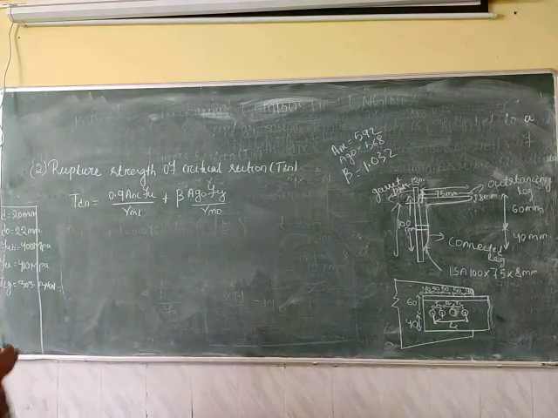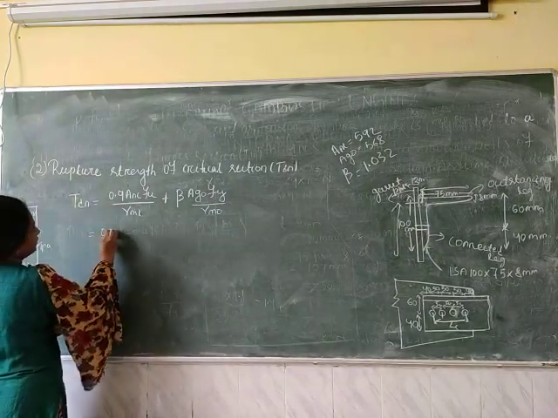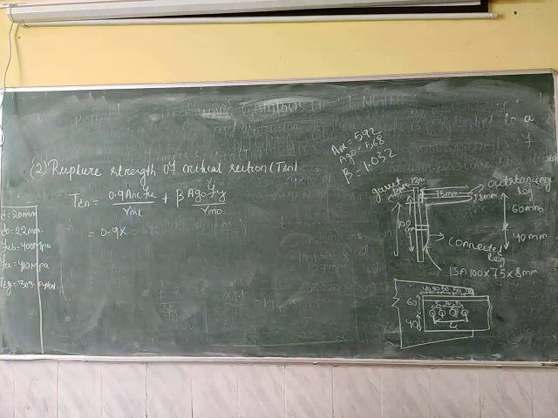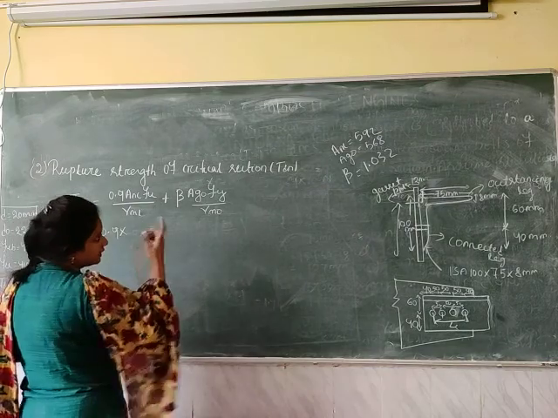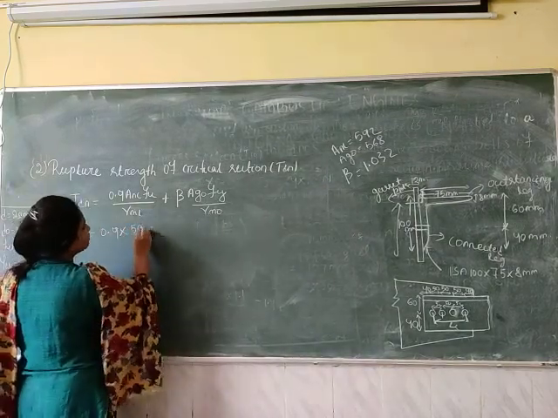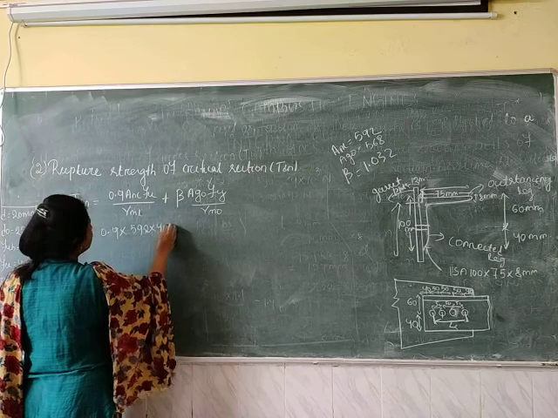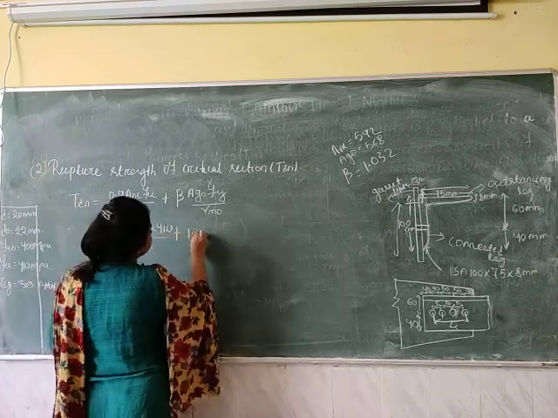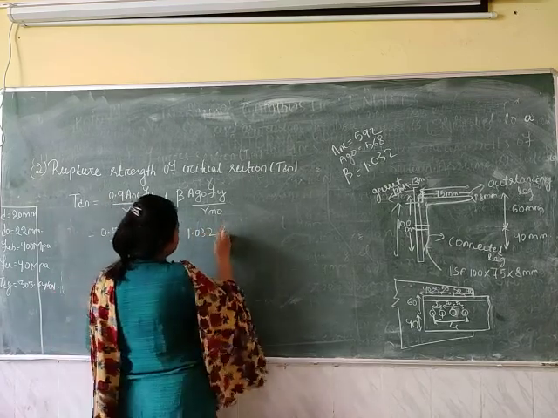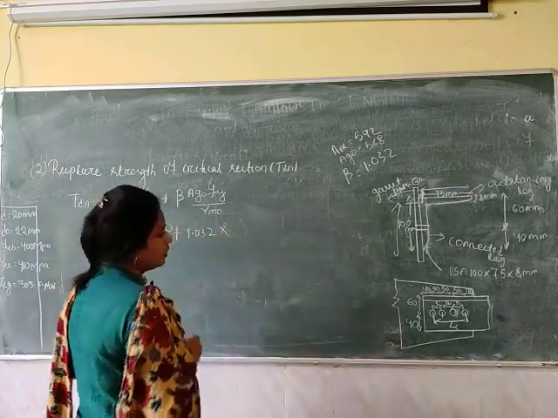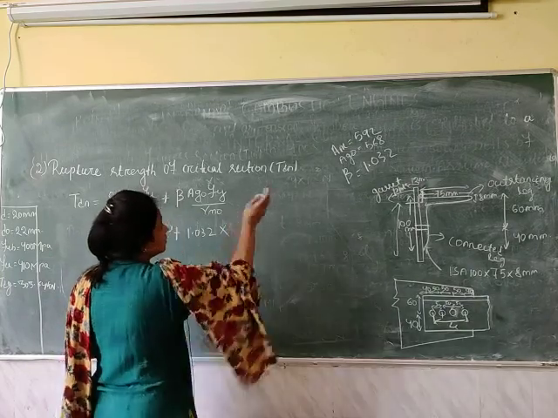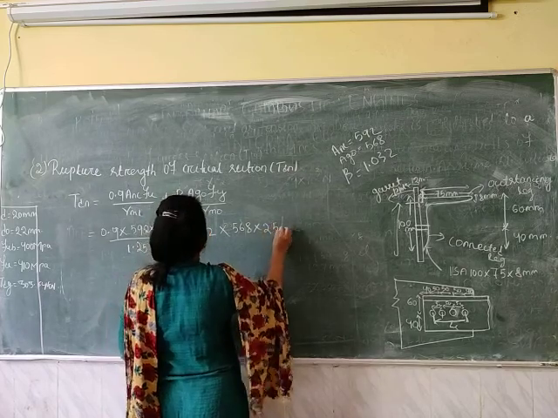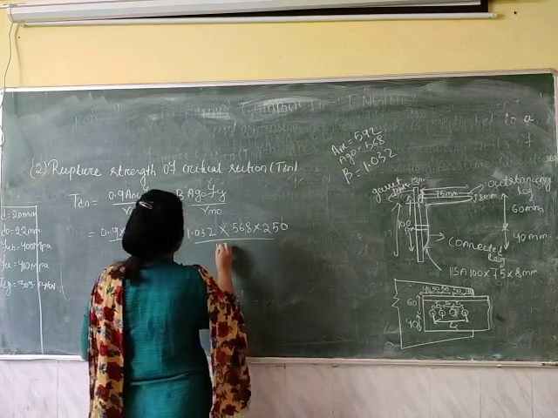Then put all the values here. So this is 0.9 into net area of the connected leg is 592, Fu is 410, gamma ml is 1.25, plus beta is 1.032, then gross area of the outstanding leg is 568, 250, 1.1.